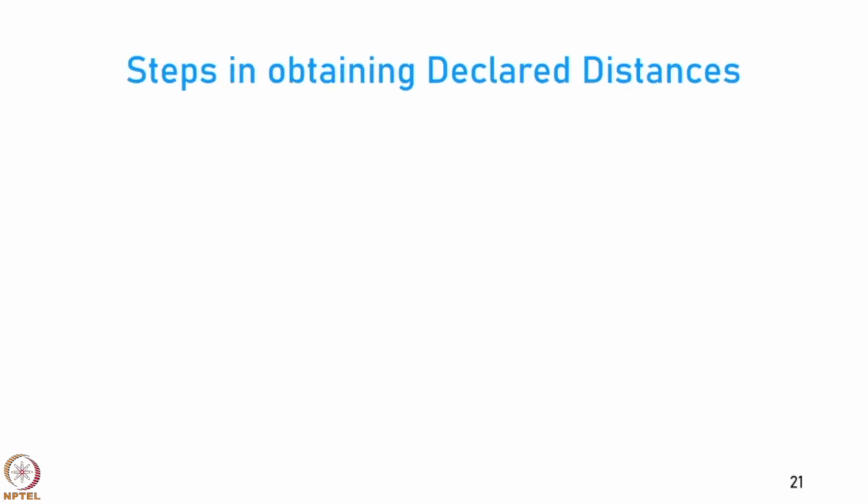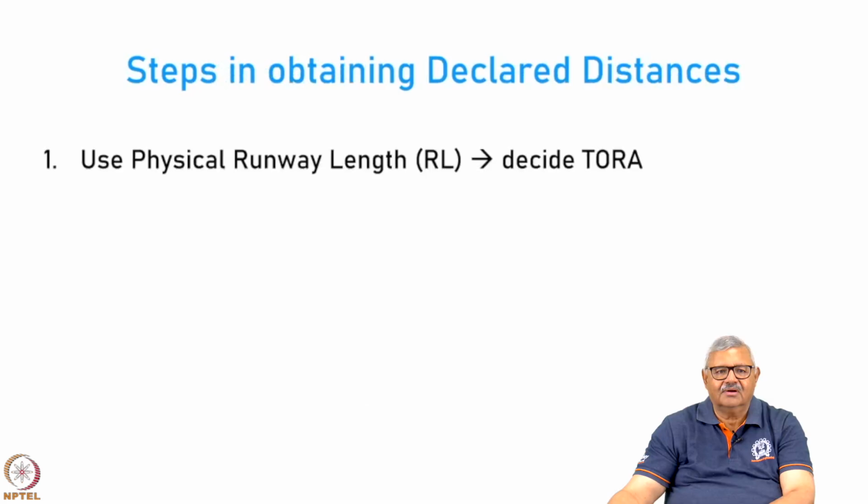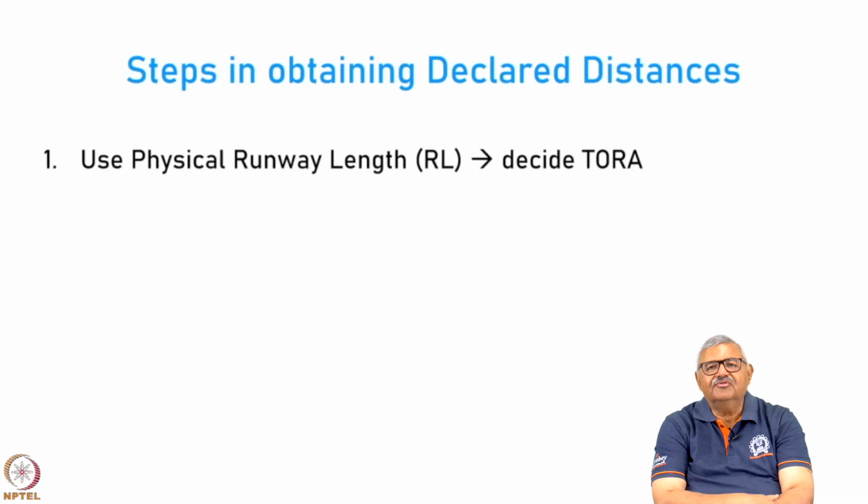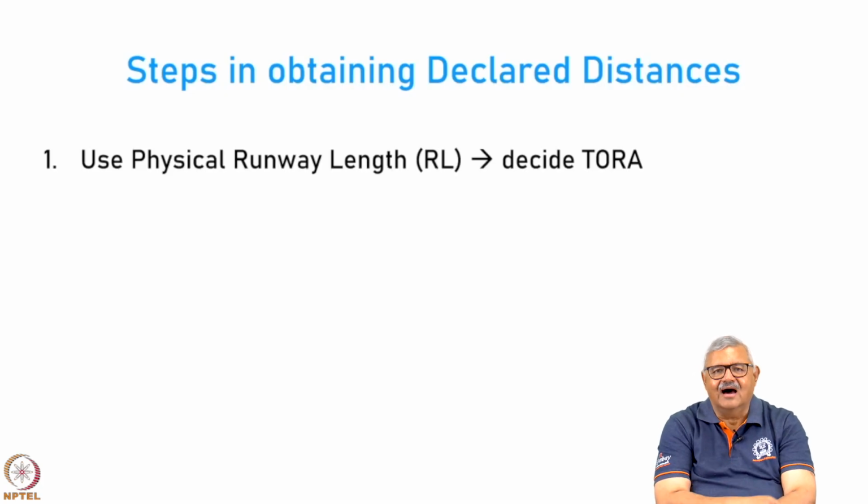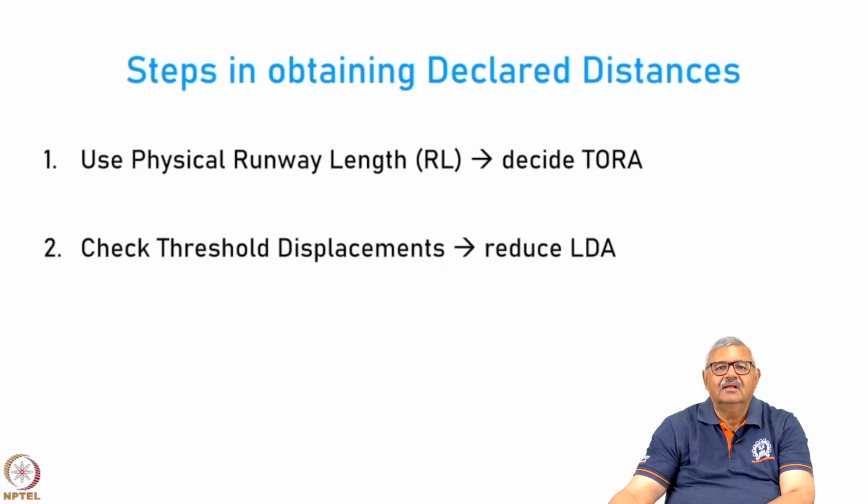So let us look at the steps when we want to calculate the declared distances. What steps do we follow? First, use the physical runway length, called RL, and that decides the TORA. So TORA is equal to the physical runway length available. Then you check whether there are any thresholds displaced at runway ends.